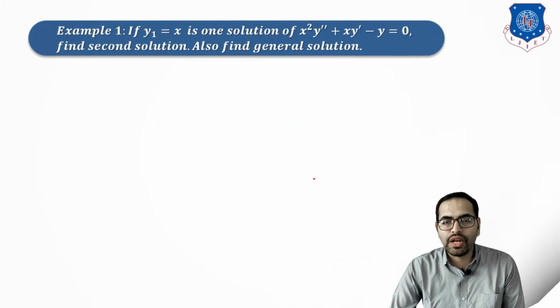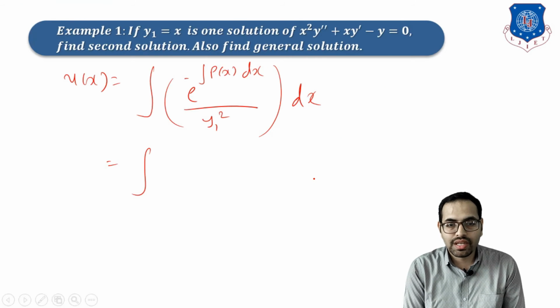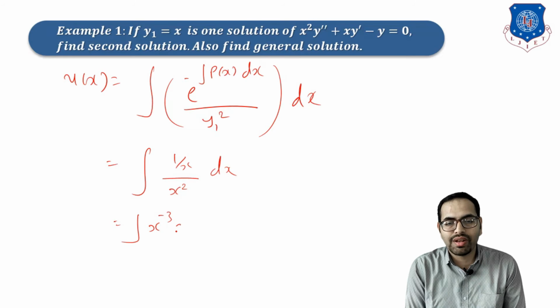Now substitute that value. That means the numerator portion is 1 upon x, and y1 square, where y1 is the one solution which is already given, that is x square, dx. Now simplify that term, meaning 1 upon x cube, which is written as x raised to minus 3 dx.